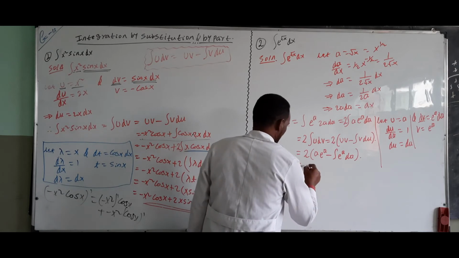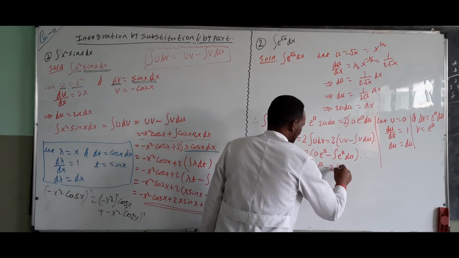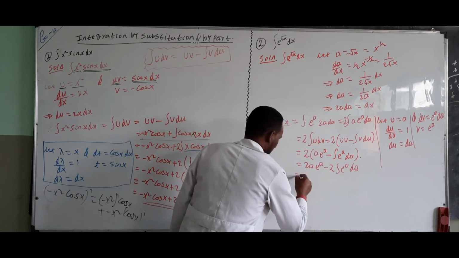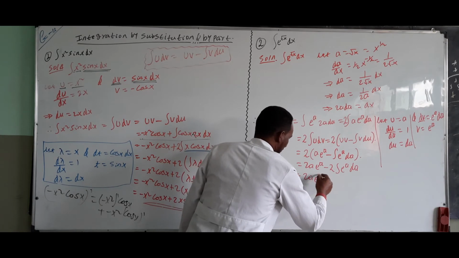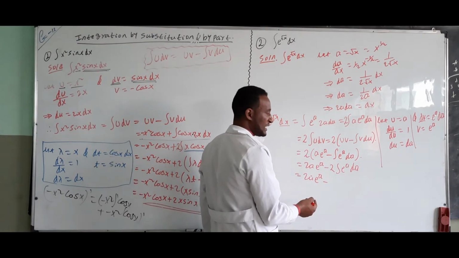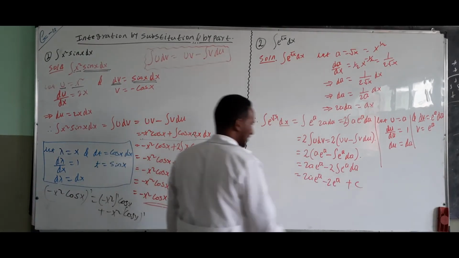Then it is equal to 2a e to the power of a minus 2 times the integration of e to the power of a dA, which is equal to 2a e to the power of a minus 2 times e to the power of a plus some constant c.